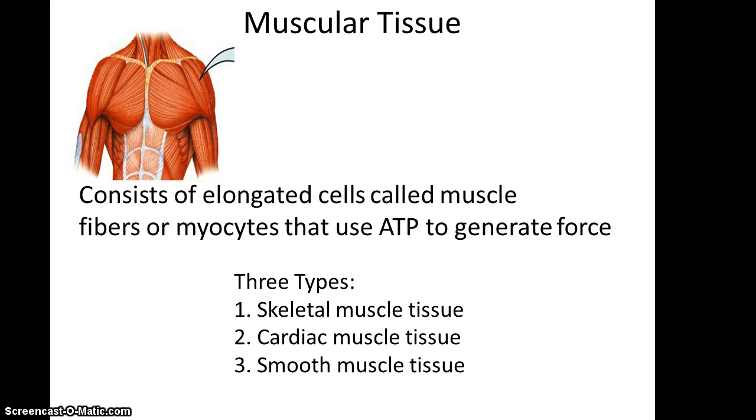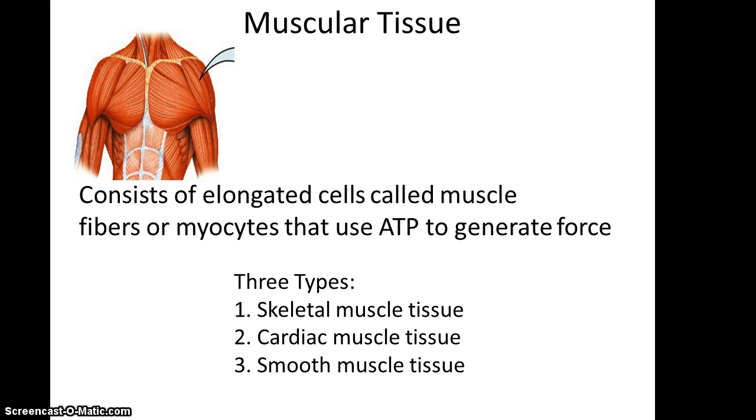So now we're going to move on to specifically talk about muscle tissue. Muscle tissue consists of cells that are very elongated and are often referred to as muscle fibers or myocytes. It's through the use of a lot of ATP that these cells are able to generate a force that causes a contraction.